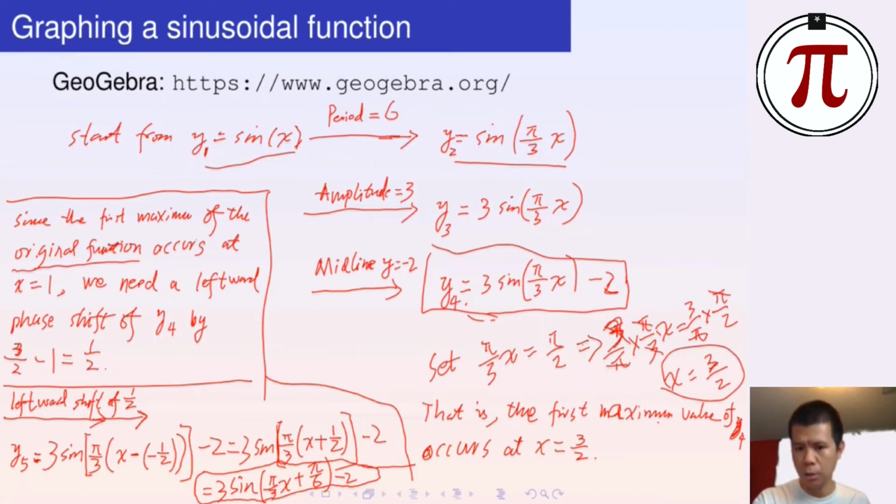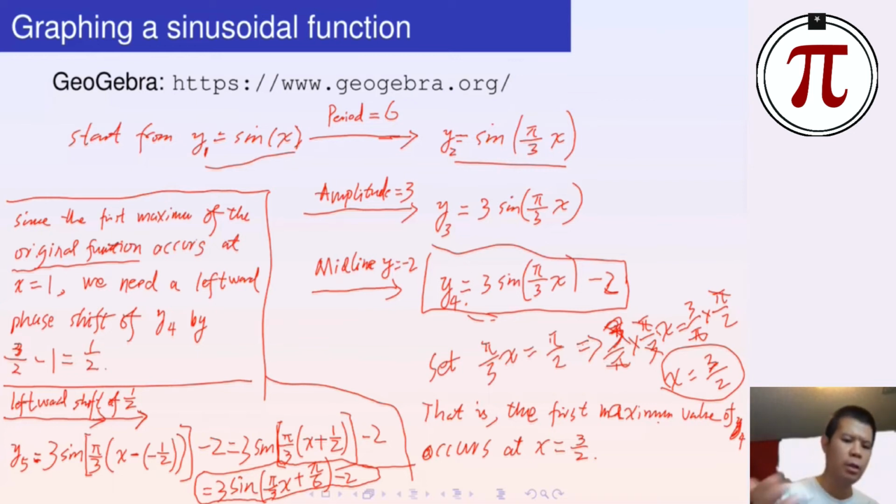That is where the maximum value is located. Then by comparing the two locations of the maximum values of y4 and the original function, we can see what kind of phase shift we need. For this one, we need a leftward phase shift of y4 by 1/2 to get the original function.